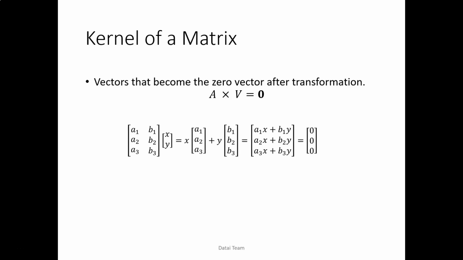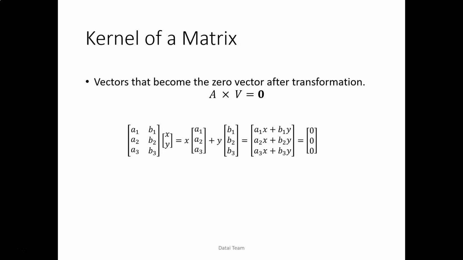We have the linear transformation A1, A2, A3, B1, B2, B3, and we transform the vector XY. We multiply the first column with the X, the second column with the Y. Here we have a 3 by 2 matrix multiplied with 2 by 1, so the result is 3 by 1.